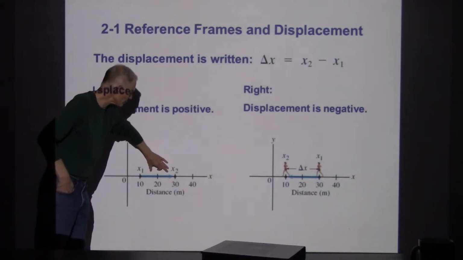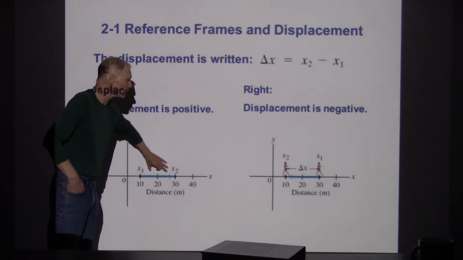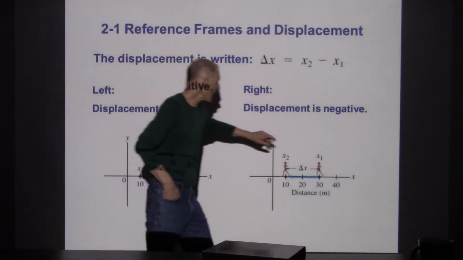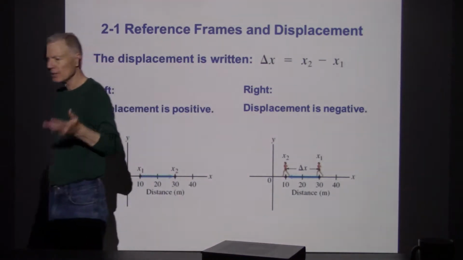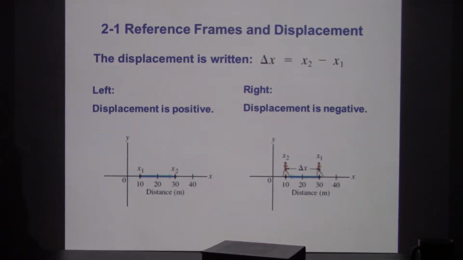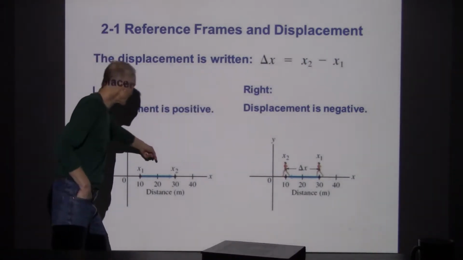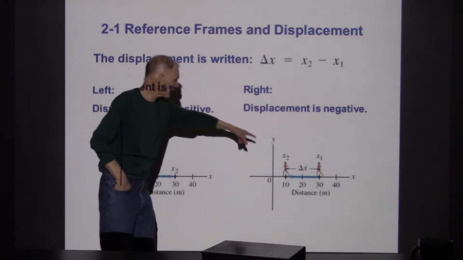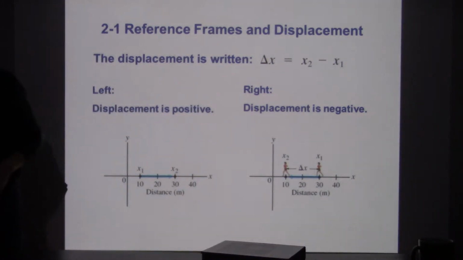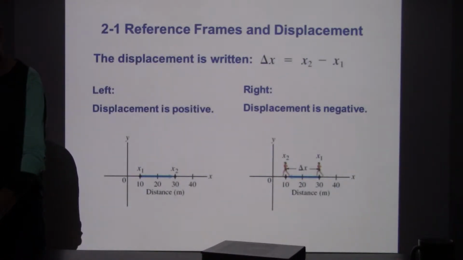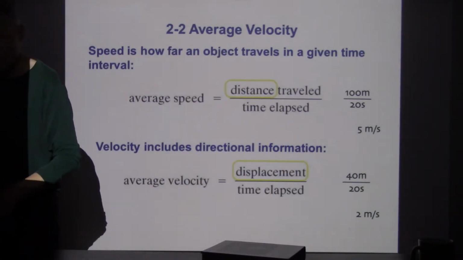And that's why this displacement is positive 20 meters, whereas going in the opposite direction gets listed as negative 20 meters of displacement. Okay, it has to do with the way the coordinate system was set up. So there's nothing inherently positive about this motion or inherently negative about that one, right? So we'll see more examples of working from that.